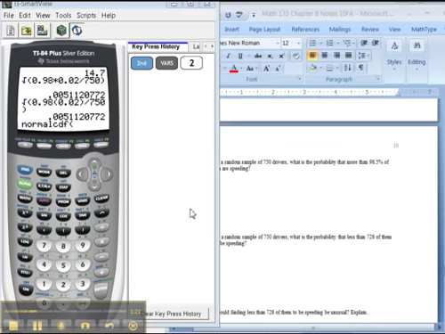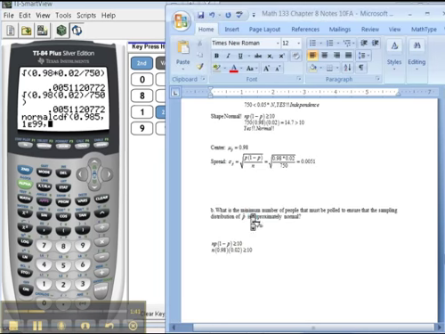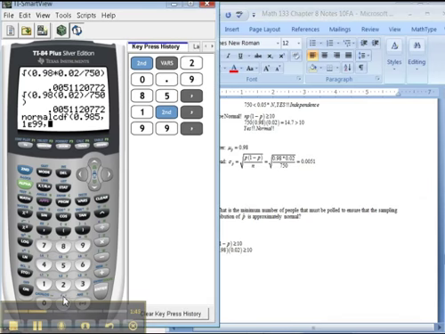But anyway, okay, so normal CDF, we want 0.985. So 0.985, comma, 1 double E 99, because we're talking about going on forever, comma, now what was the mean? The mean we found up here, it was 0.98, right there, center. 0.98, comma, the spread.